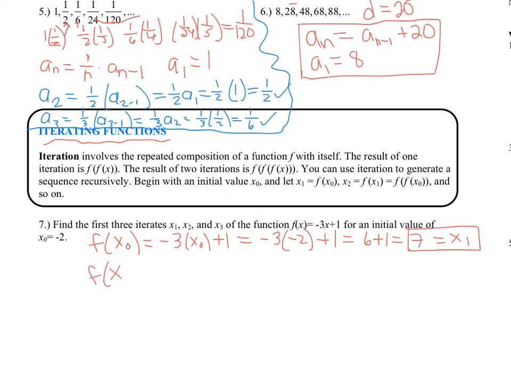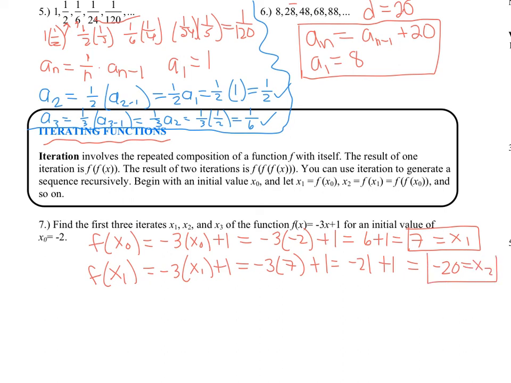So now we're going to take that and plug that into the function. So negative 3 times 7 plus 1 gives us negative 21 plus 1, which is negative 20. So that's your second iteration.